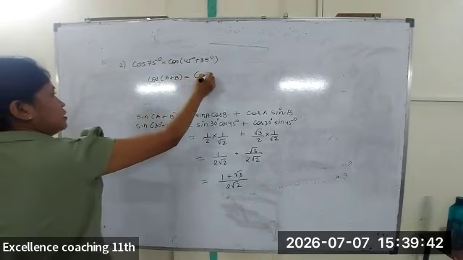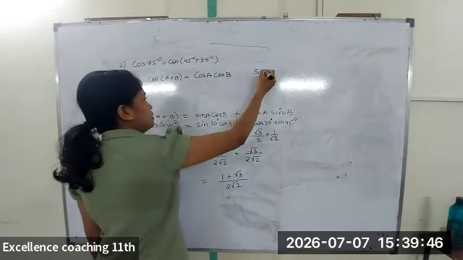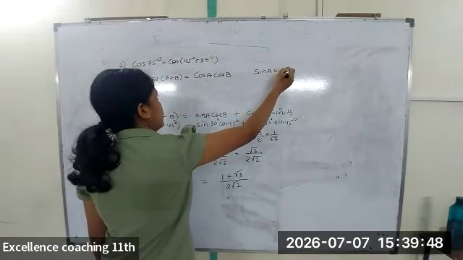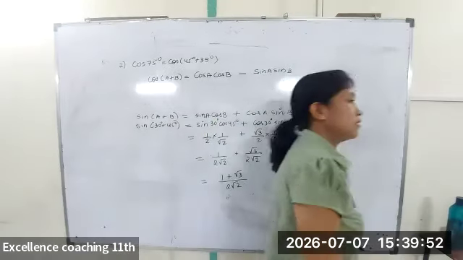Cos is related to the boss. The boss will be separate, sun will be separate. And boss is very arrogant. He is given a plus sign, he will make it a minus sign.